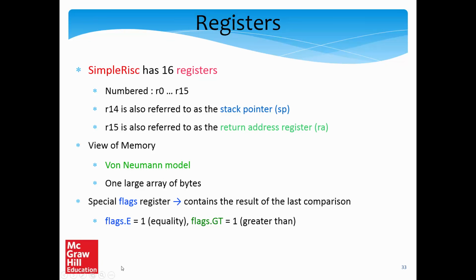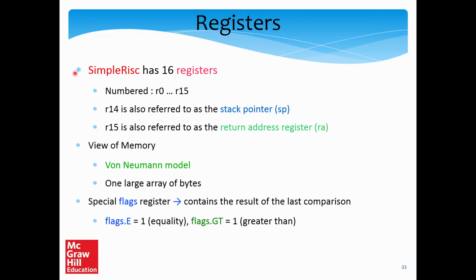Let us now discuss the basics of the SimpleRisc instruction set. Let SimpleRisc have 16 registers, and as is the convention, let us number the registers from R0 till R15. The 14th and the 15th registers, R14 and R15, let me refer to them with special names. Let us refer to R14 as the stack pointer or SP.